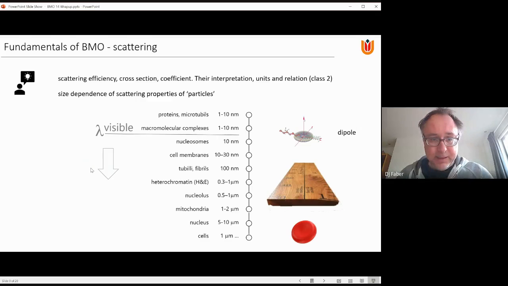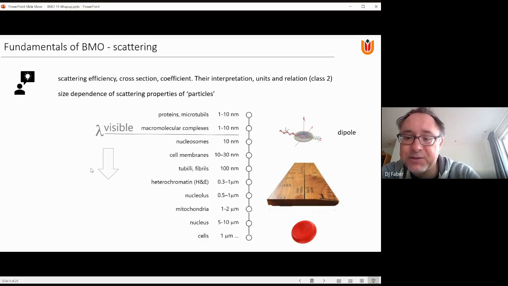All right. One of the important characteristics of scattering is that it is size dependent. So the scattering strength and the direction in which light is scattered depend on particle size, and that is important because we have quite a large range of sizes in tissue, ranging from very small proteins, microtubules, to cells, or maybe even cell clusters that can scatter light.